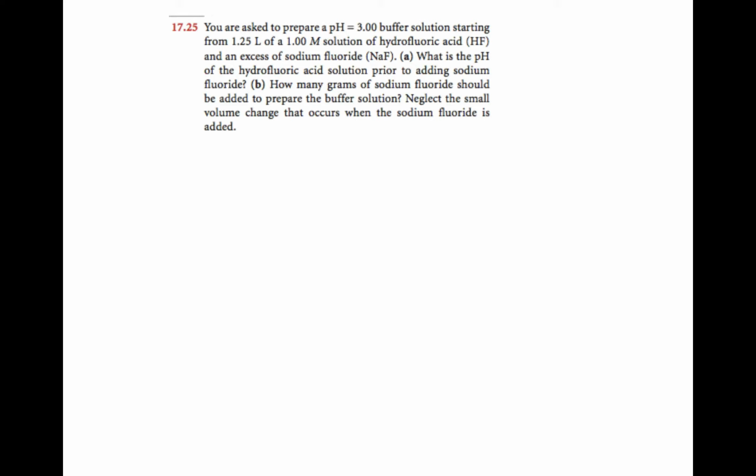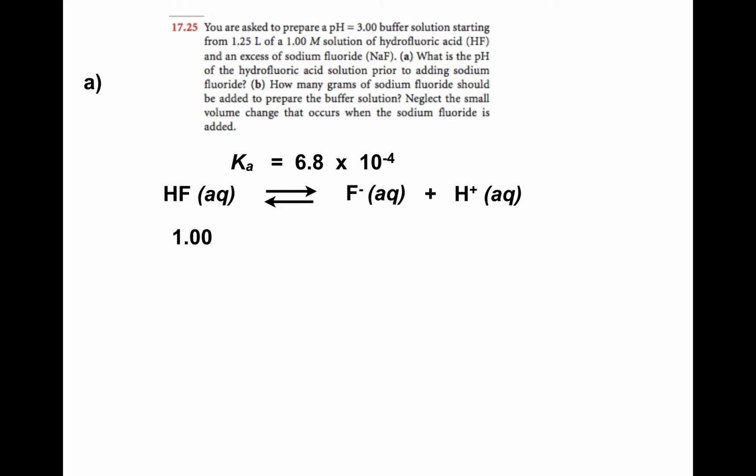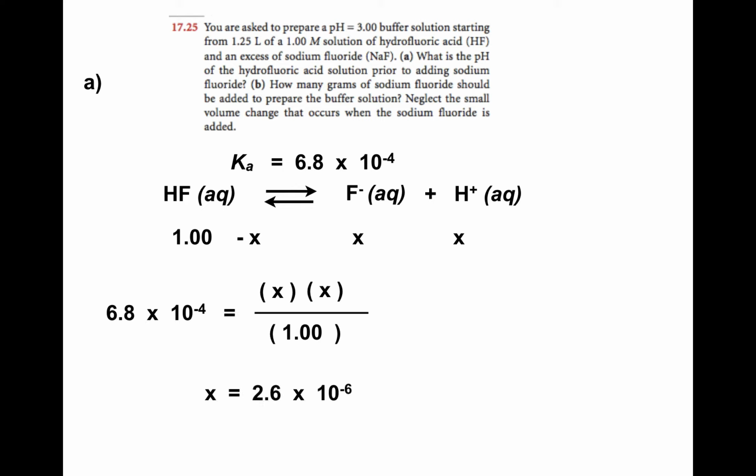A is just a Ka problem. I'm starting with 1 molar hydrofluoric acid, losing X of hydrofluoric acid, making X of fluoride ion and H plus ion. Take these equilibrium concentrations, recognizing that the original concentration of hydrofluoric acid isn't changing, and solve for X. Take the negative log, get the pH.